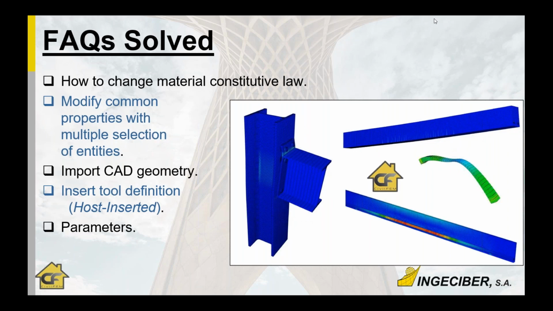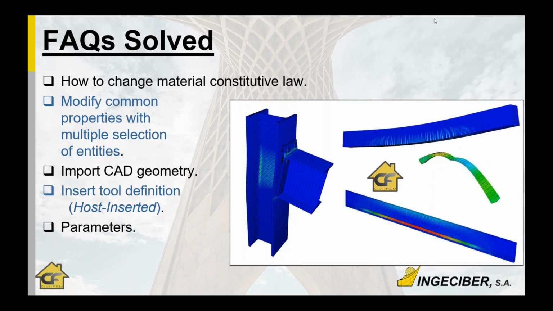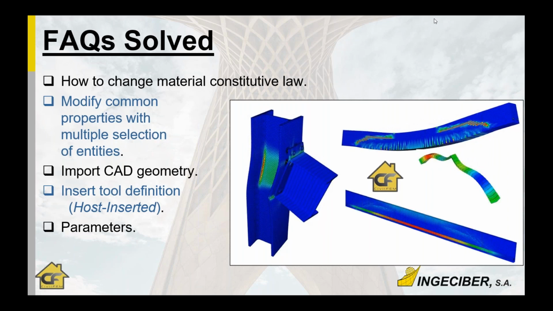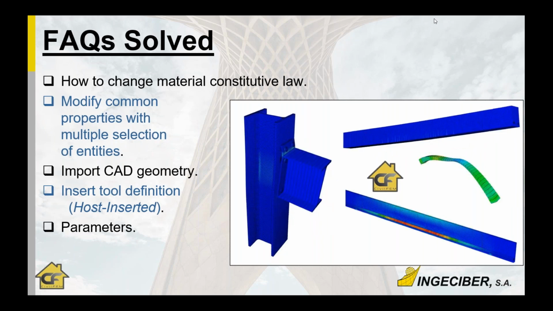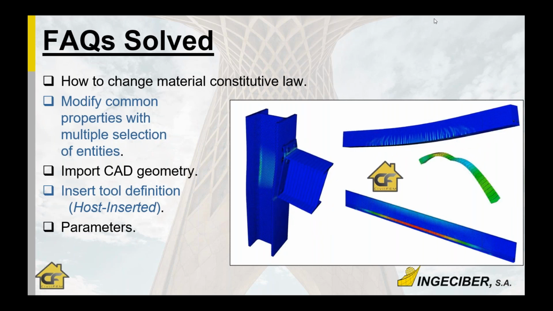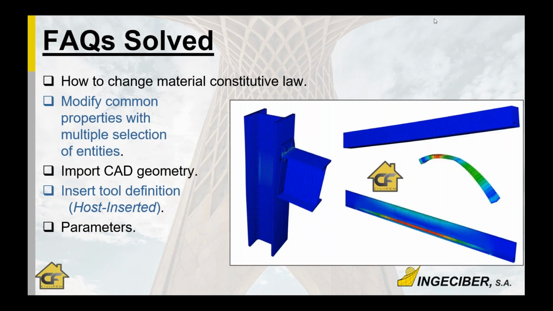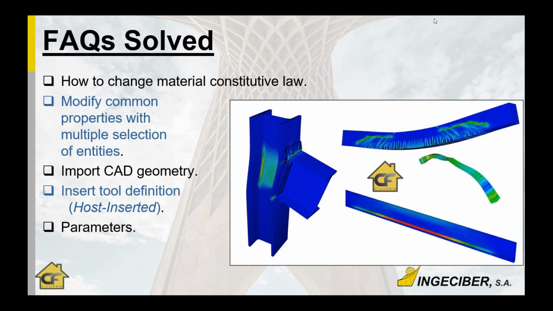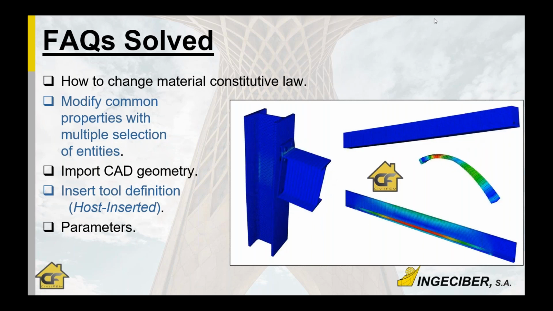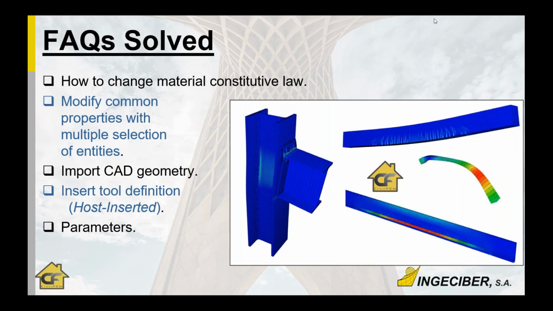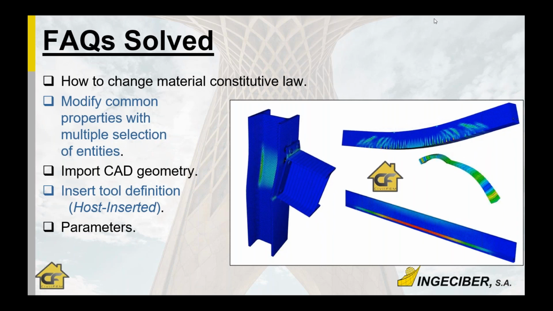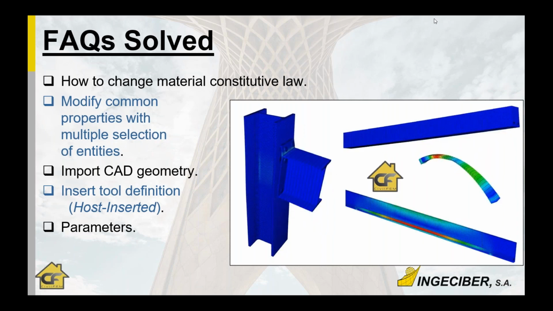And another question that you placed last week, but I forgot to explain it in the webinar, is if we have many different properties, how to modify them instead of one by one, to do all the modifications in just one step.